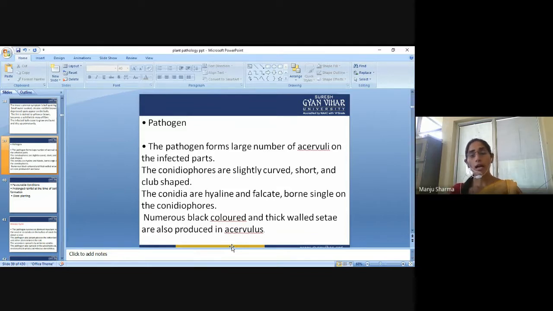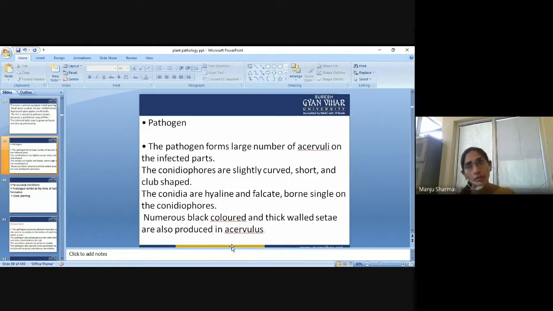The conidia are hyaline, that means colorless, and they are borne singly on the conidiophores. Numerous black colored, thick walled setae are also produced in the acervulus.